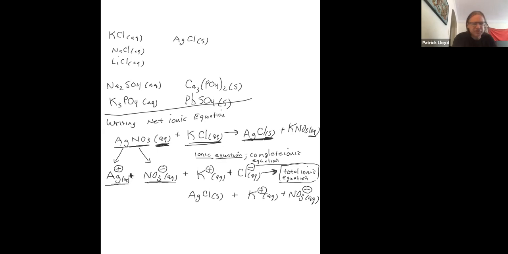That solid, which is called silver chloride, will not be soluble in the water. And then finally, there's a second product, which is soluble in the water, called potassium nitrate. Okay, so that's called the ionic equation. But the question here is not what's the ionic equation, it's what the net ionic equation is.